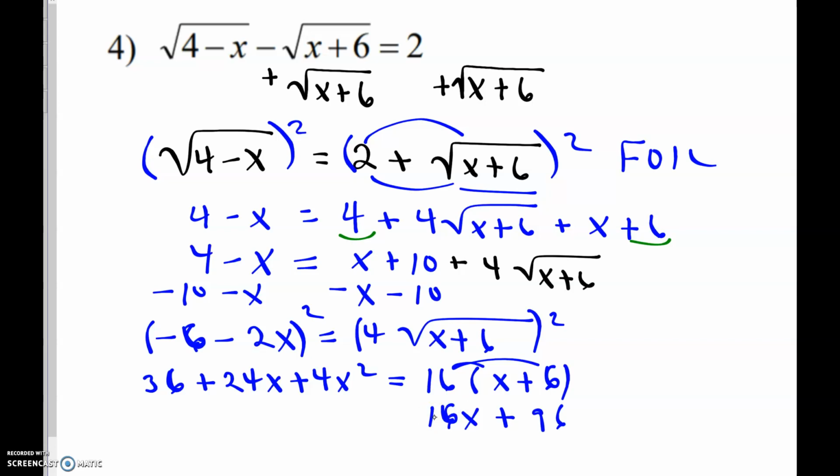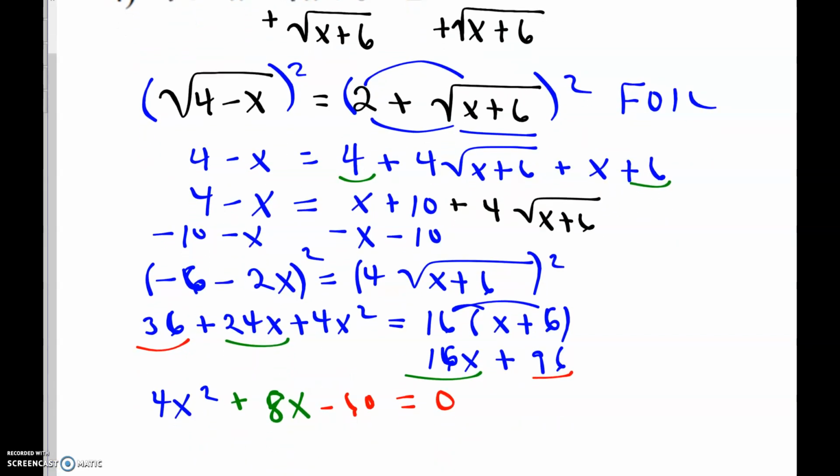Move everything to one side. So we have 4x squared, 24 minus 16 is 8x, 36 minus 96 is negative 60.